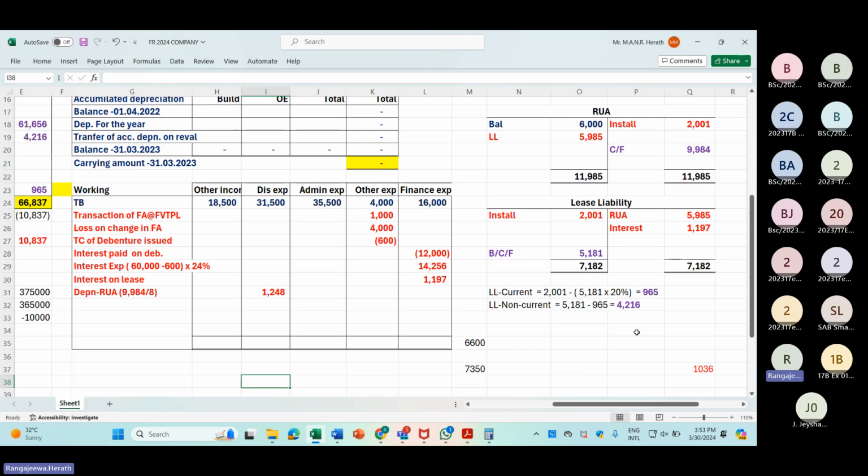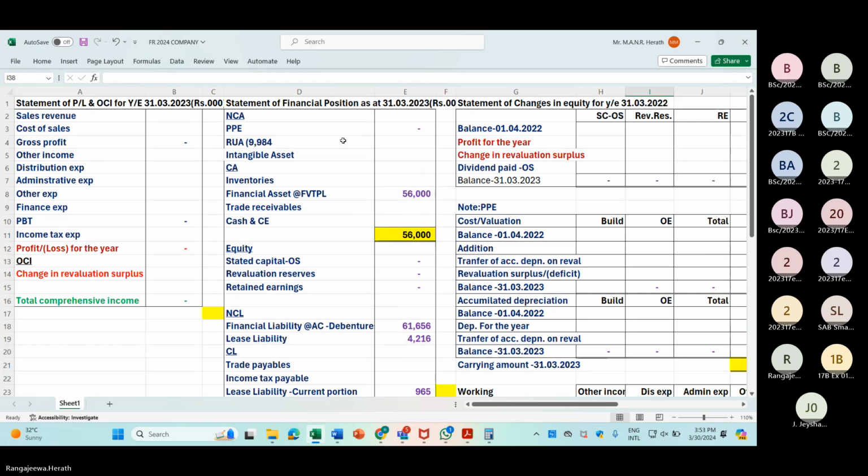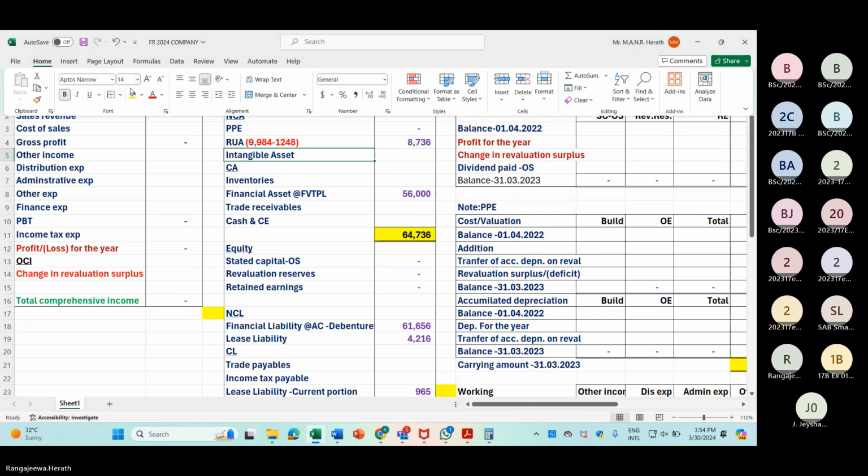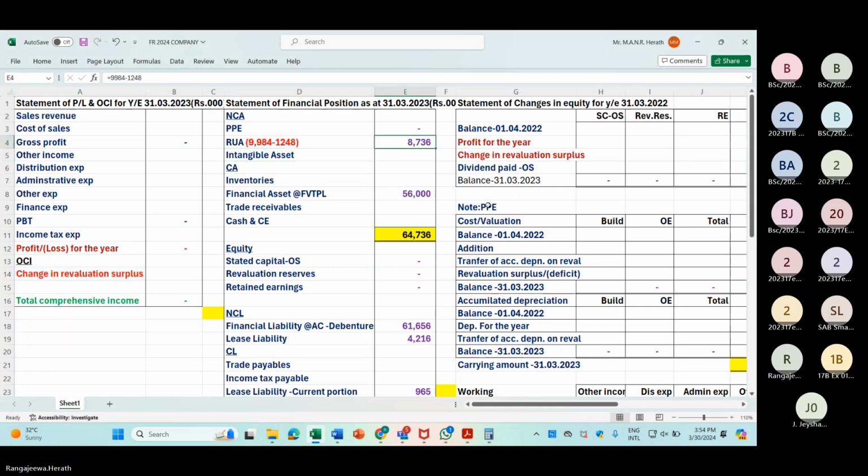Right? So this depreciation you can deduct, 1,248. So 9,984 minus 1,248. Carrying amount of right of use asset is 8,796.